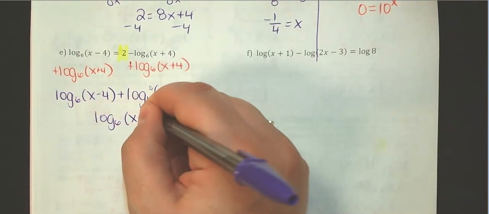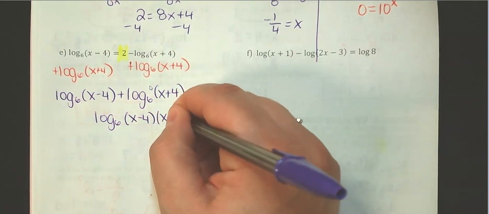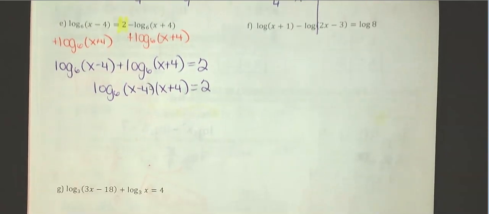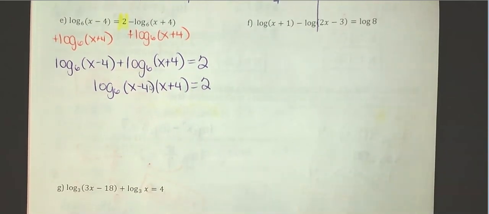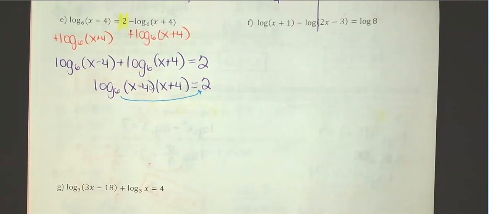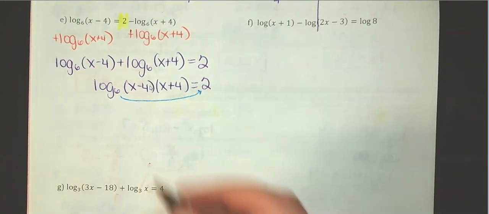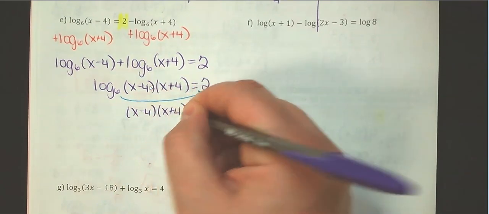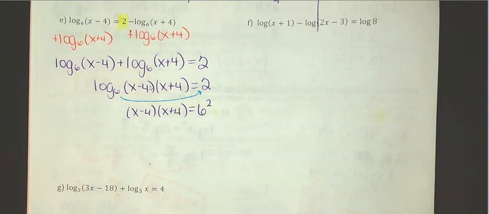So I'm going to have to take x plus 4 times x minus 4. Which would just be like a little FOIL. It's not a big deal. I'm going to get rid of the log here, though, real quick by scooching that to the other side and converting this to an exponential. So I'd have x minus 4, x plus 4, and then that would be equal to 6 squared.